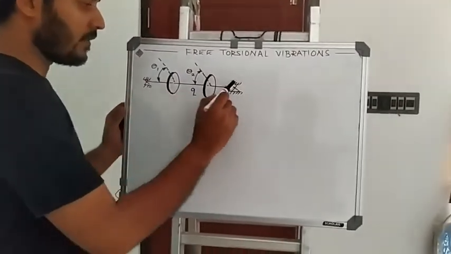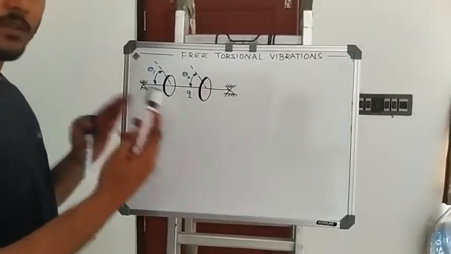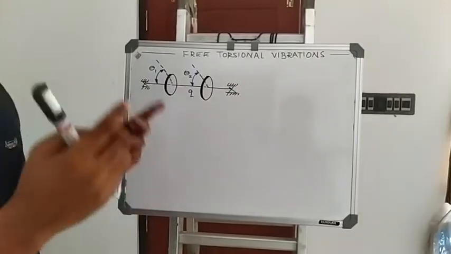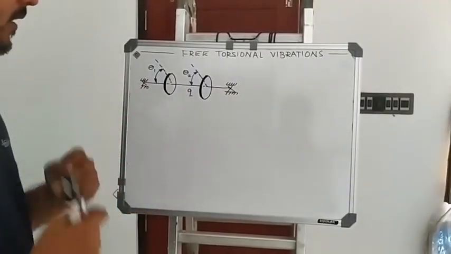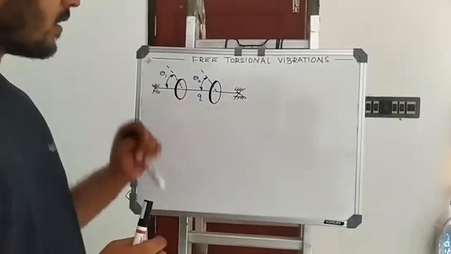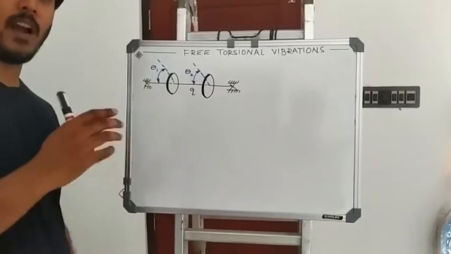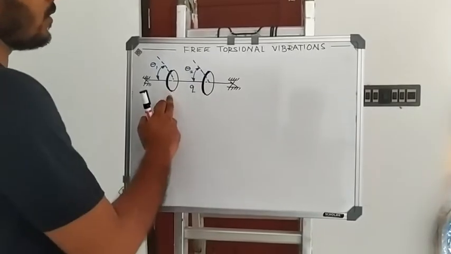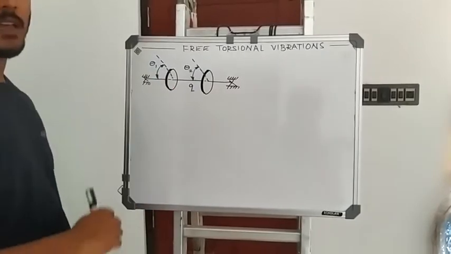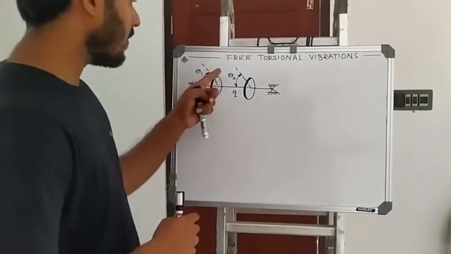Now, here a shaft is connected to 2 sets of bearings, and on the shaft 2 rotating discs are attached. Both the discs will have its own rotating motion. Now, again here also we have to consider the case for torsional vibrations, but now the system has been changed to a multi-degrees of freedom system, because you have 2 discs rotating on a shaft, and both the discs are having 2 sets of different angular displacements, theta 1 and theta 2.